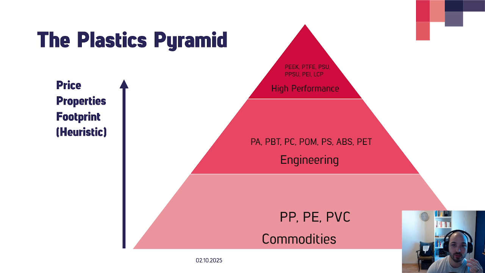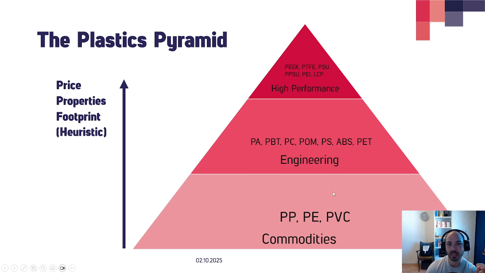These are plastics which are used very often, have a very low price, have a very high market volume, and usually their properties are good enough for what they're doing, but it's not that they have the most stellar properties. They're cheap. They are very often used in things such as packaging or consumables. Their environmental footprint is pretty low. Their price is pretty low, and also their properties are pretty low.